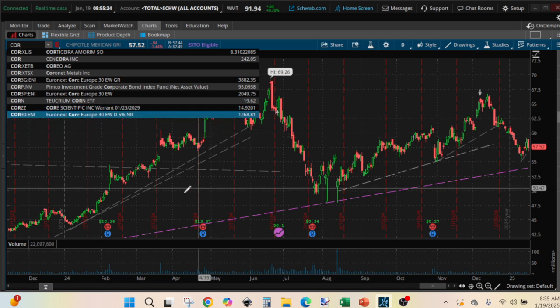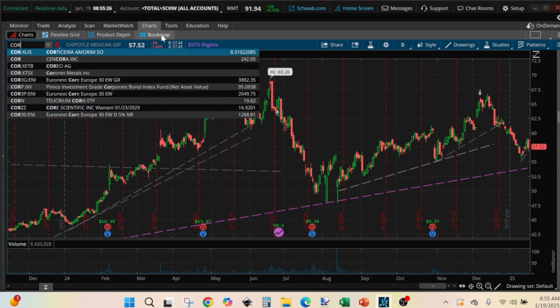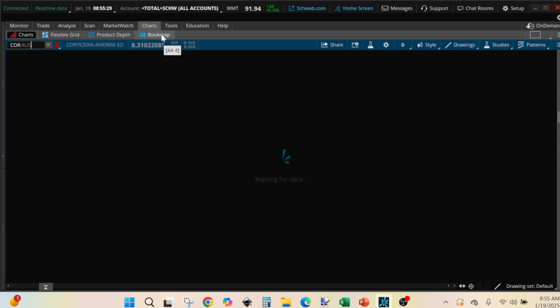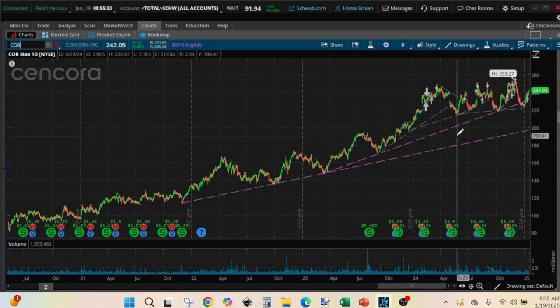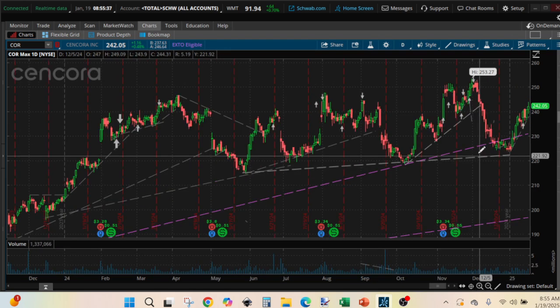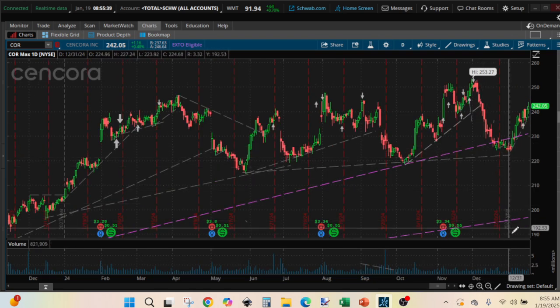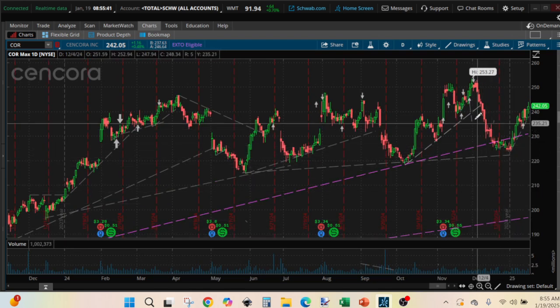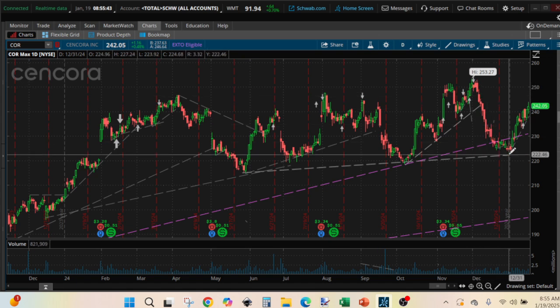So the next one is COR. And COR, we purchased it this year at this trend line. We have those two, and it pulled back to it.